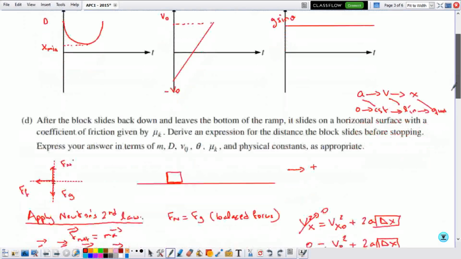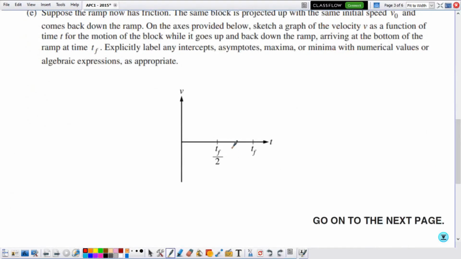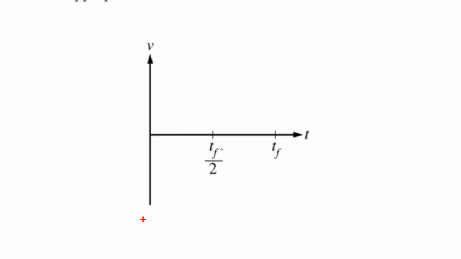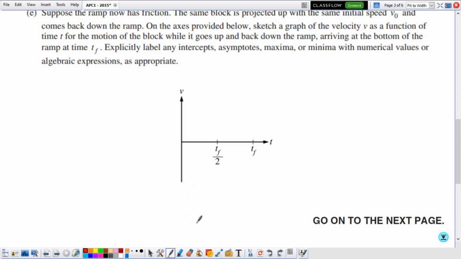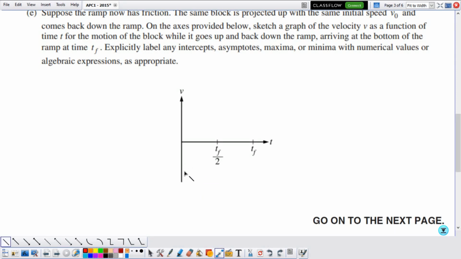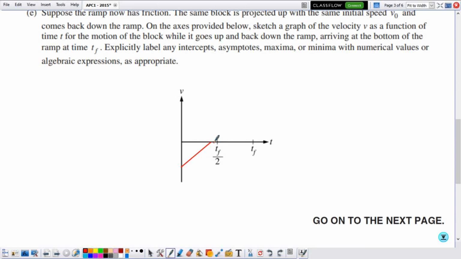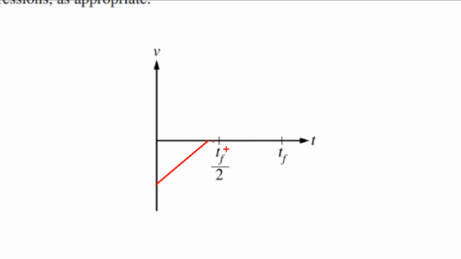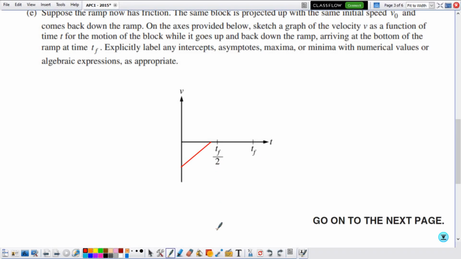So here, if we want to sketch the graph, if we don't have friction, we expect the shape of the curve to be something like that, perfectly symmetric between this part and this part. However, now if we want to sketch it, we need to do it like this. Starting from v0, it would stop at the top of the ramp at a time which is less than half the total time required because the acceleration is stronger.